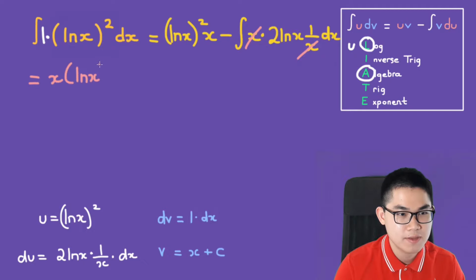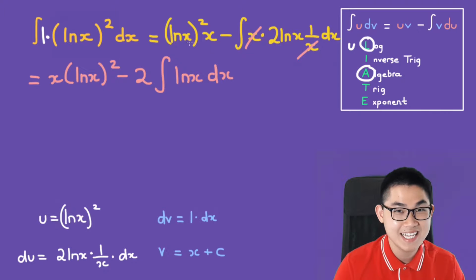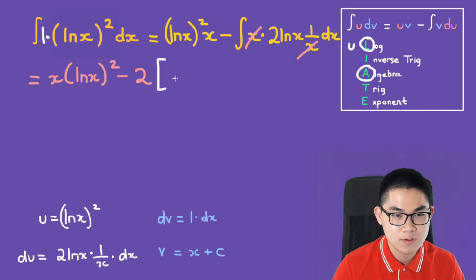ln of x to the power of 2 minus, and we also bring the 2 outside of the integral, so minus 2 times the integral of ln of x dx. And what is the integral of ln of x dx? Well, we already found out that is equal to x ln of x minus x plus c.